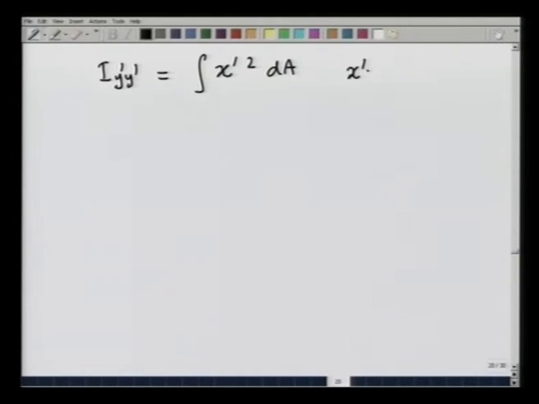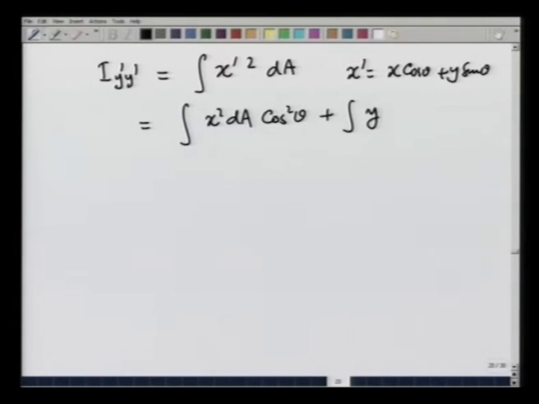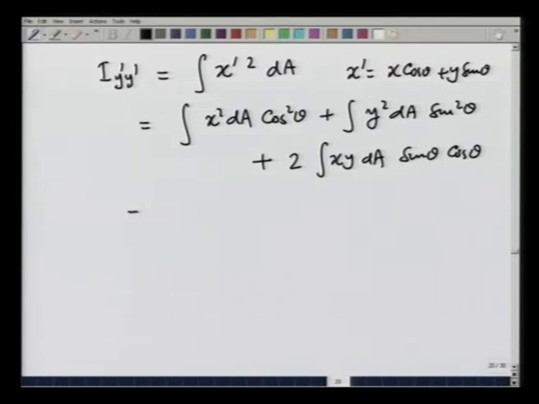But I know x prime is equal to x cosine theta plus y sine theta, and therefore I can write this as integral x square dA cosine square theta plus integral y square dA sine square theta plus 2 integral x y dA sine theta cosine theta, which is nothing but I y y, I x x, and I x y.